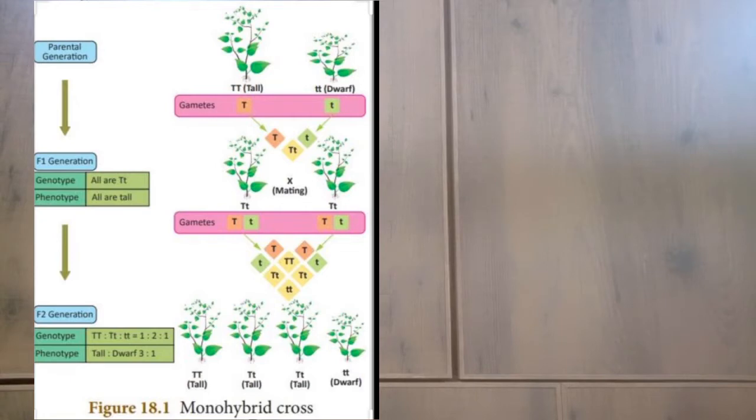Their tallness is represented by capital T and the other one is small t. But still the plant is tall because the characteristic tall is dominant over short. The short characteristic can be expressed only when both the alleles are recessive.